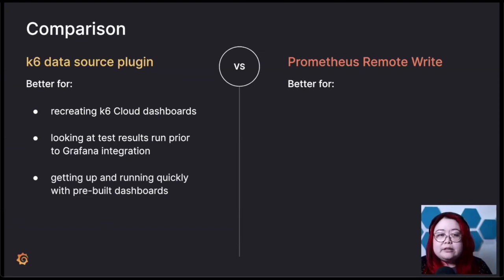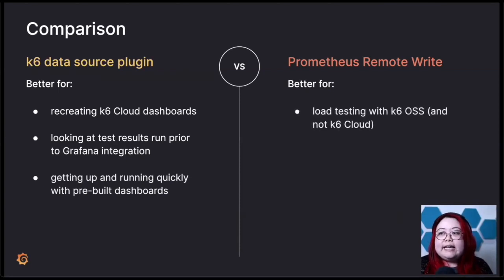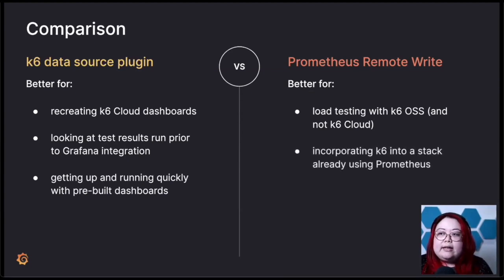Now, the Prometheus Remote Write plugin is better for load testing with K6 OSS because the data source plugin only works for K6 Cloud because that's where your test runs are stored. It also, if you're already using Prometheus, incorporating K6 using Remote Write is probably the way to go.